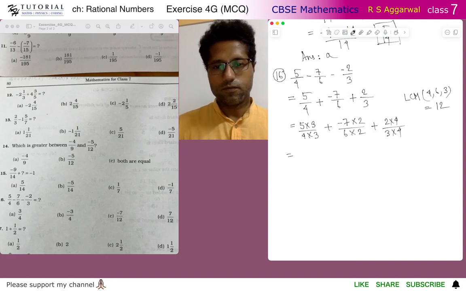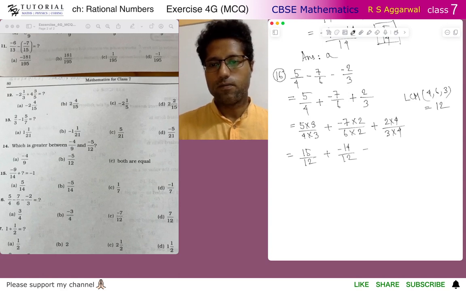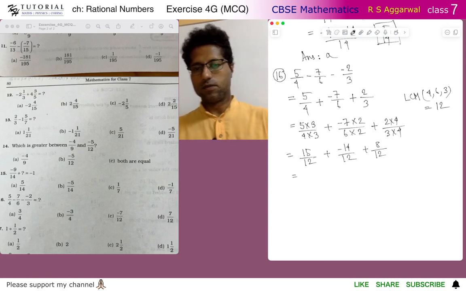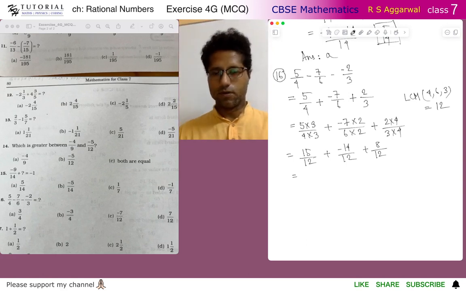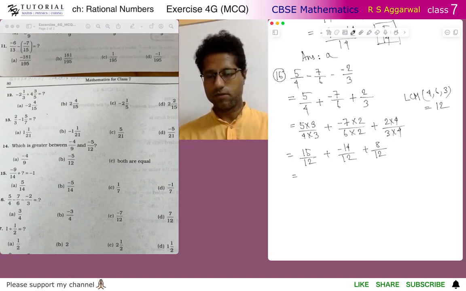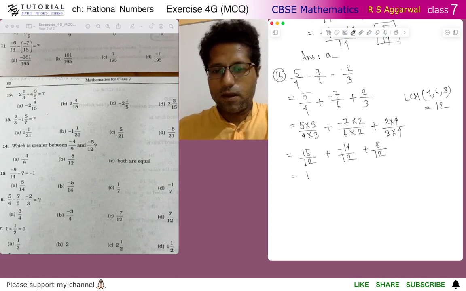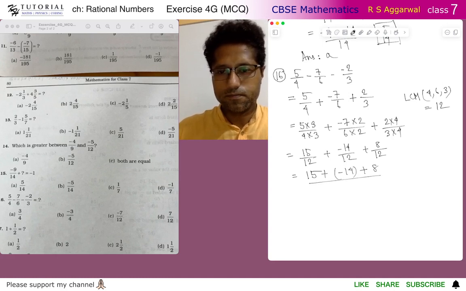So this becomes 15 by 12 plus minus 14 by 12 plus 8 by 12. So now we have to add three rational numbers where all the rational numbers have same denominator. So we just add the numerators and divide the sum of the numerators by the common denominator.